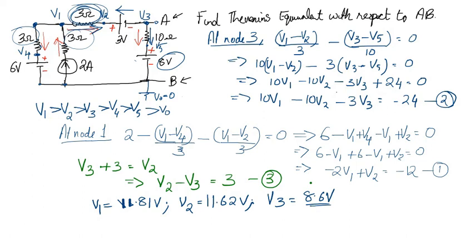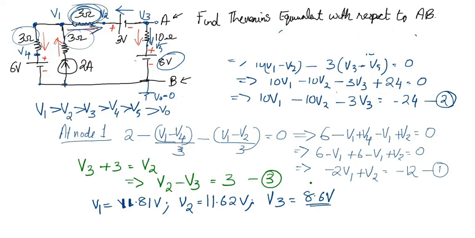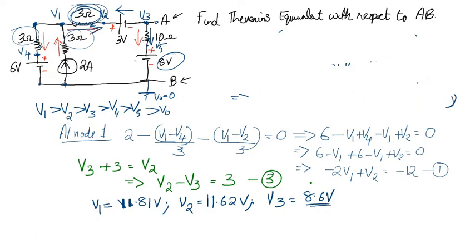So our Thevenin's voltage in this case is V3. VTH equal to VAB equal to 8.6 volt.